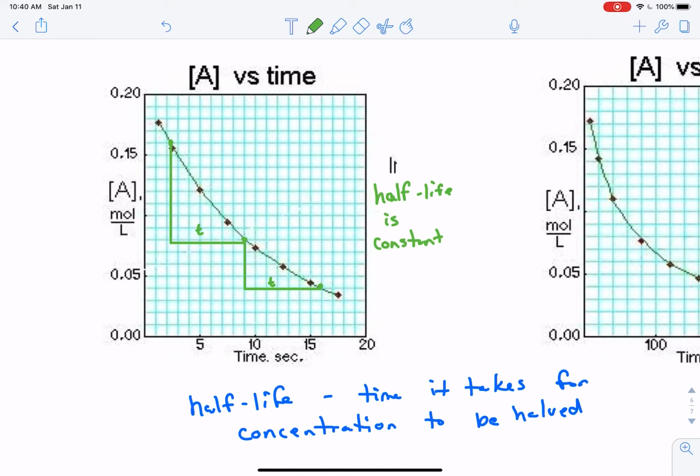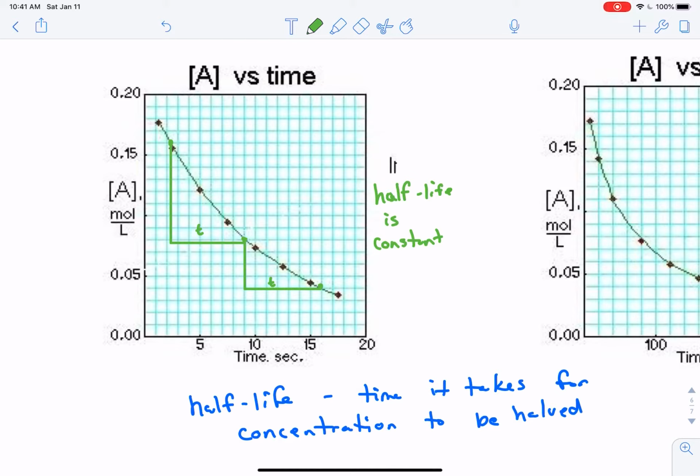It's like saying, how long would it take you to drive 60 miles at 60 miles an hour versus how long would it take you to drive 30 miles at 30 miles an hour, right? Because you're halving the amount and you're halving the rate. So it takes the same amount of time. So your half-life is consistent in first order. The problem in second order is what you're saying is, I'm going 60 miles at 60 miles per hour, and then I'm going 30 miles at 15 miles per hour.